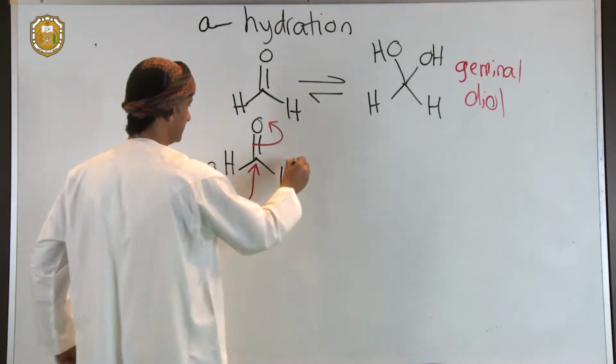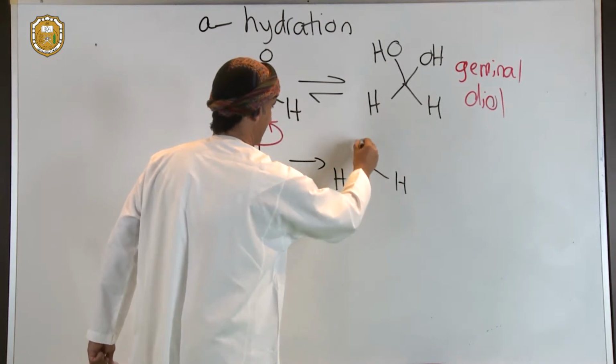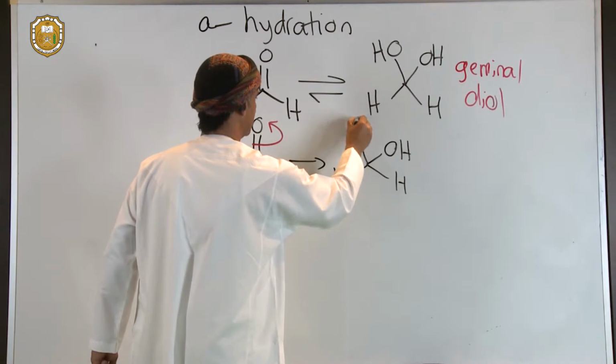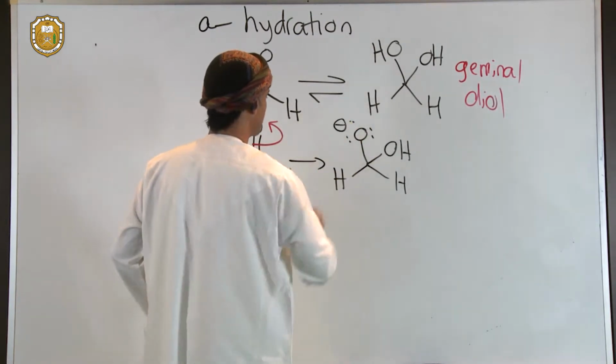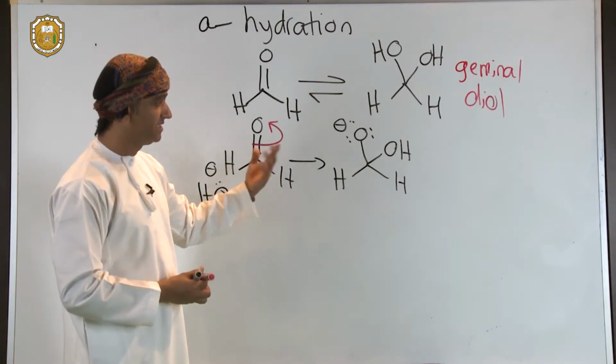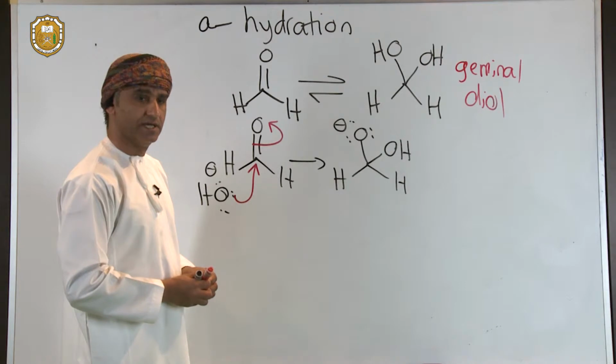If that happens, we get something like that as a product. That's the hydroxyl group which has attacked in the nucleophilic addition reaction. This intermediate alkoxide gets protonated in a subsequent step.